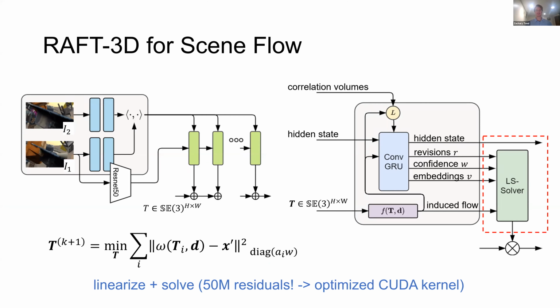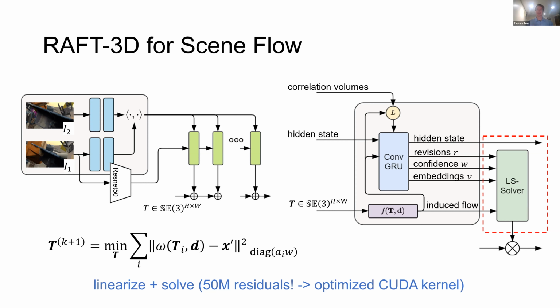Again, this leads to a very large optimization problem. We linearize and solve this, but it can lead to a very large optimization problem with 50 million residuals. The key thing is that we can actually break this up into much smaller optimization problems and solve each one individually.